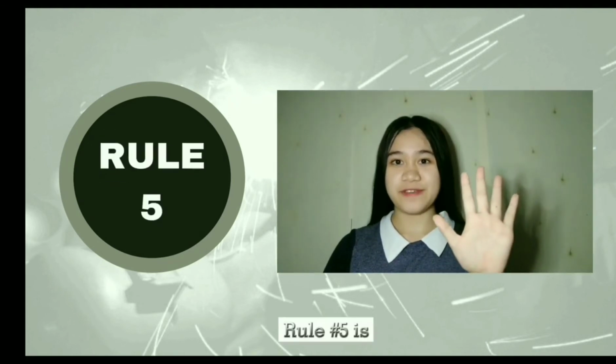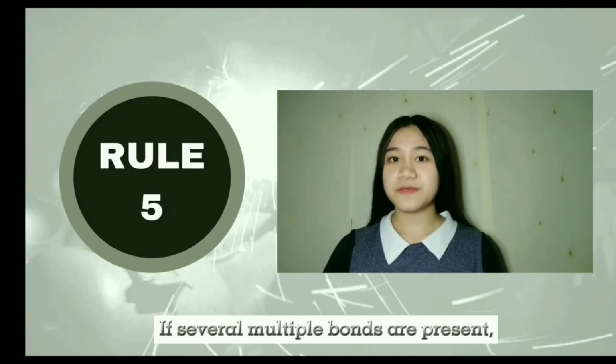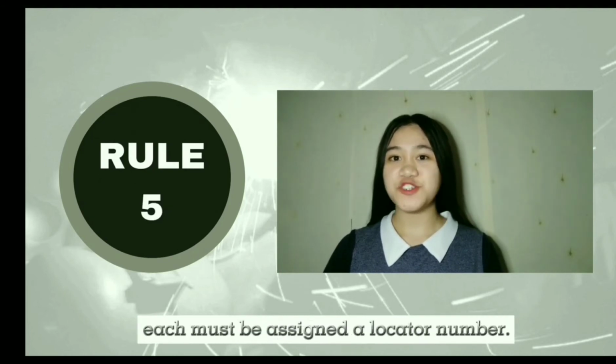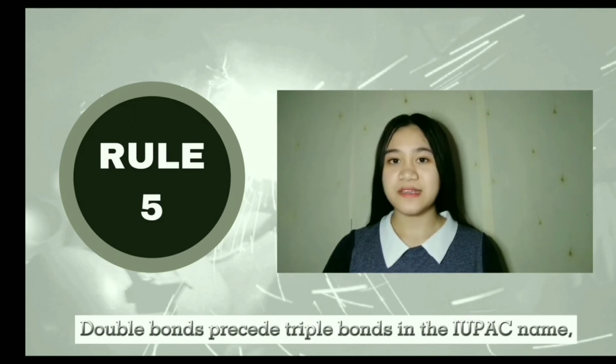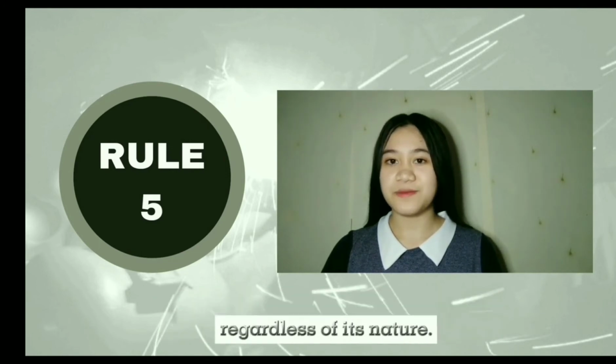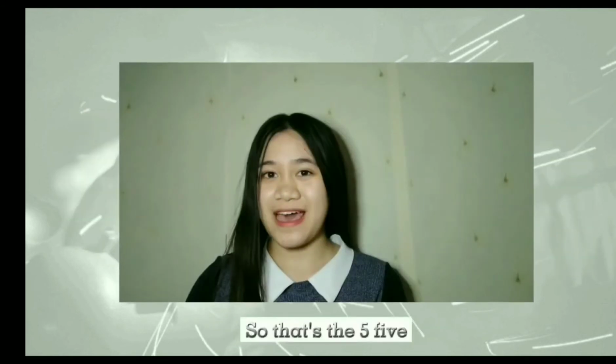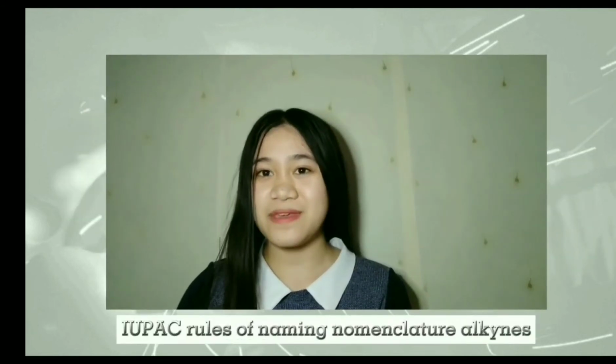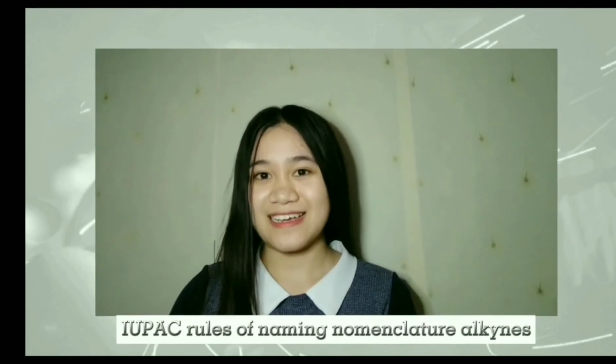Rule number 5: if several multiple bonds are present, each must be assigned a locator number. Double bonds precede triple bonds in the IUPAC name, but the chain is numbered from the end nearest a multiple bond regardless of its nature. So those are the 5 IUPAC rules of naming alkynes.